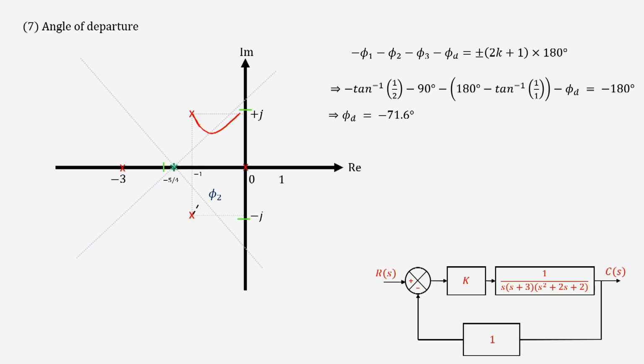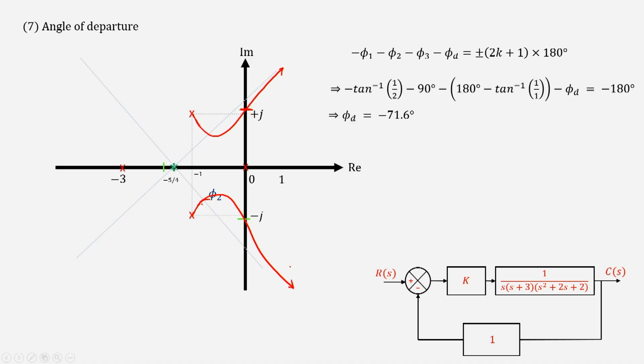When it goes to infinity, it is cutting the imaginary axis. I know already the intersection point will be this. So, this root locus branch will go like this and go to infinity. Similarly, it is a complex conjugate, so it will be symmetric.